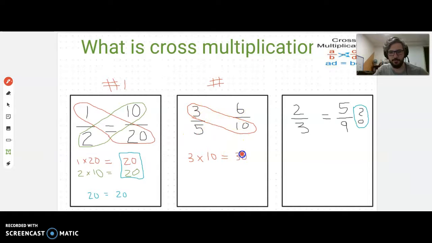But let's prove it using cross multiplication. So I've done 3 times 10 from the red bubble, and now I'm going to do 5 times 6 from the green bubble. And of course, we verified that it is in fact equivalent. 30 equals 30, so we've got a verification.